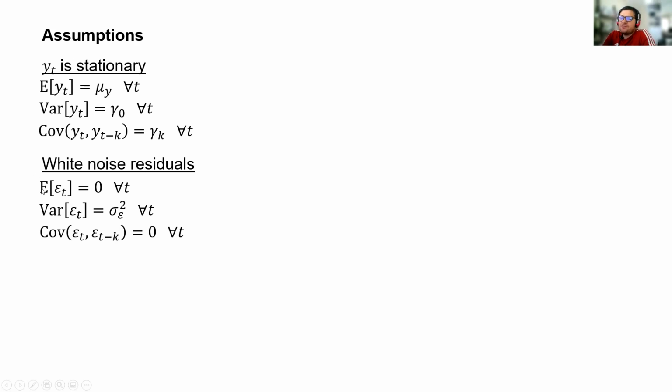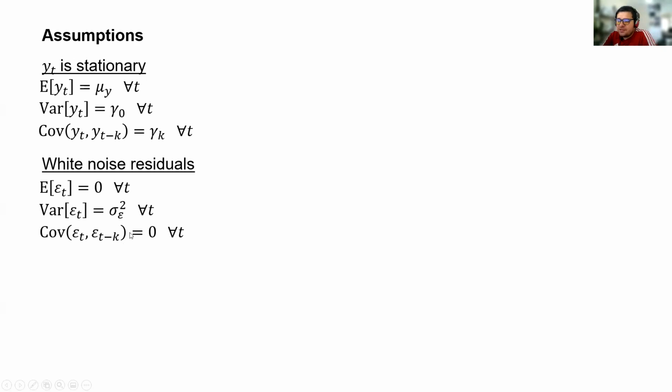The implications of that is that the expected value of the error terms at whatever point is 0, right? The variance of the error term, again, we can have the error term at contemporaneous, so that would be ET, but we can have ET minus 1, ET minus 2, ET minus 3.